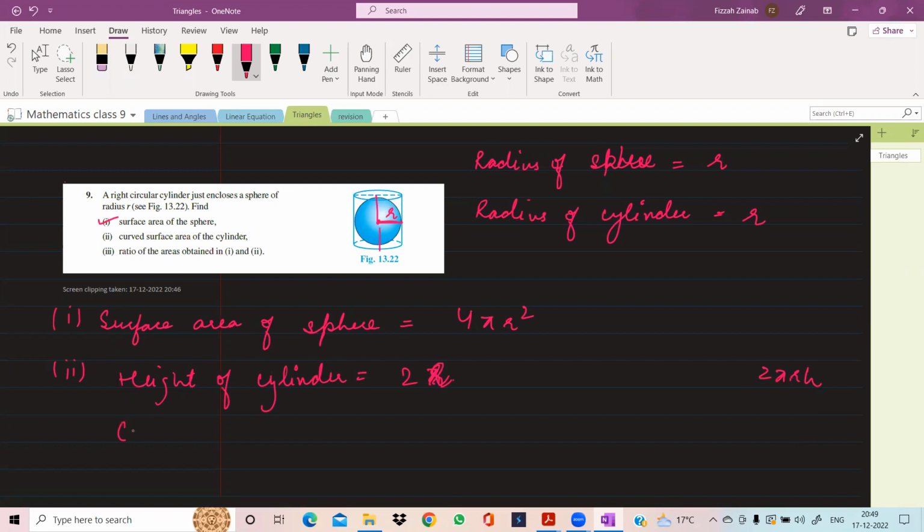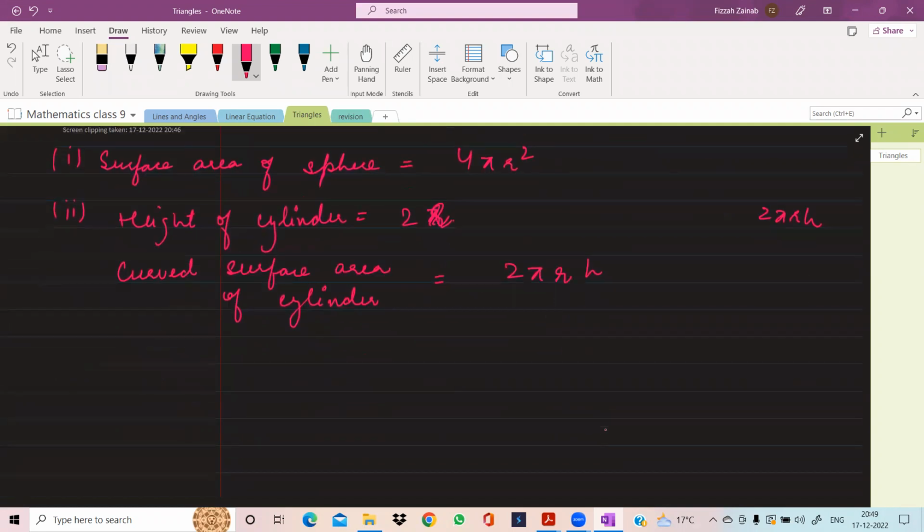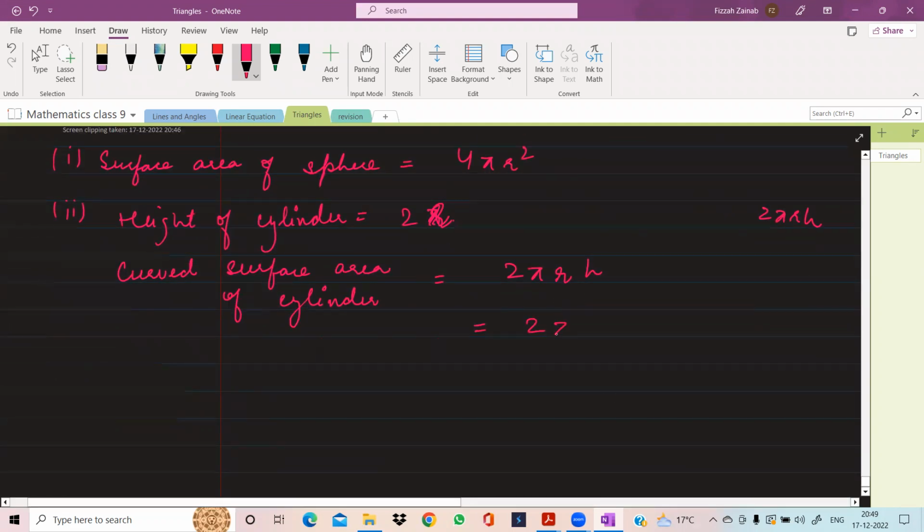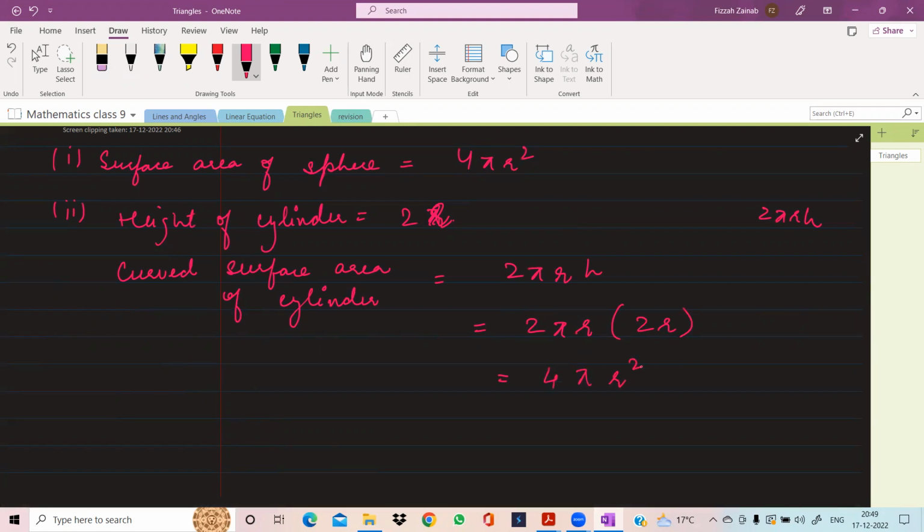So you write curved surface area of cylinder is equal to 2 pi r into h. First of all, write the formula and then you can put it. So 2 pi r and then h is 2r. So this becomes 2 into 2, 4 pi r square, right?